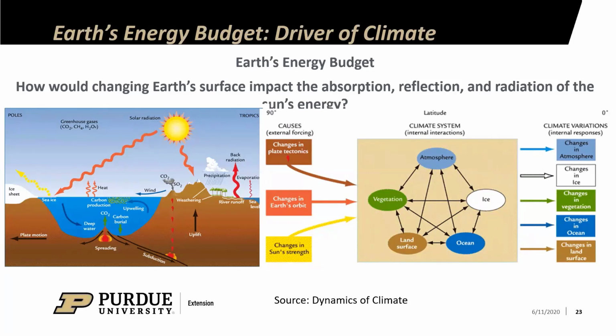So one change in one dynamic of the climate system is going to then begin to alter the other portions of the climate system and cause corresponding responses.